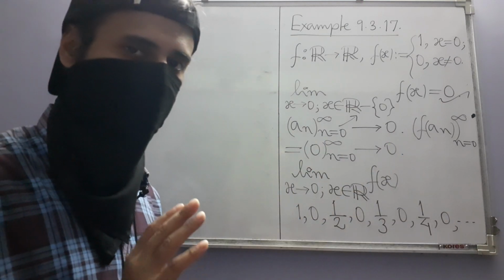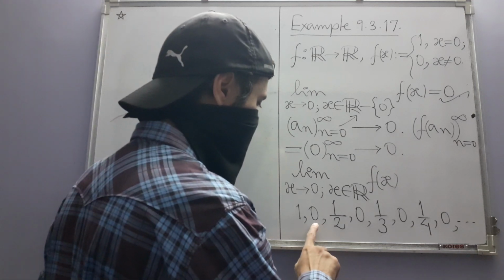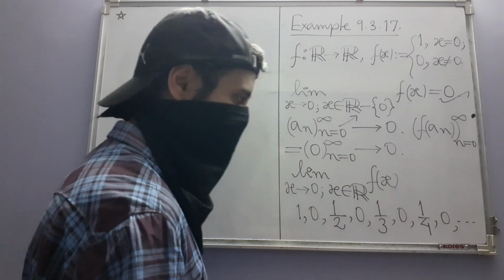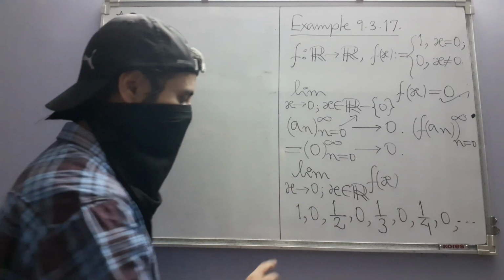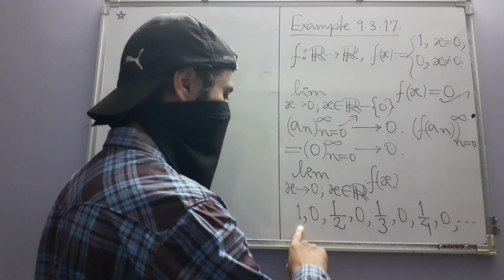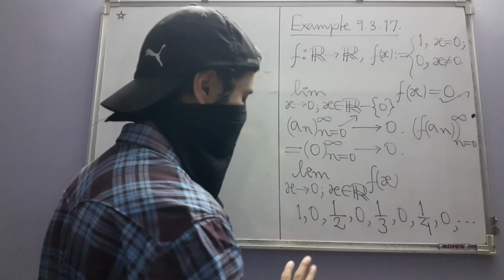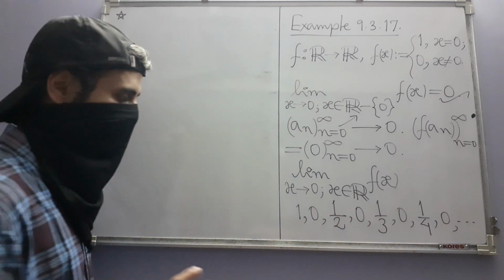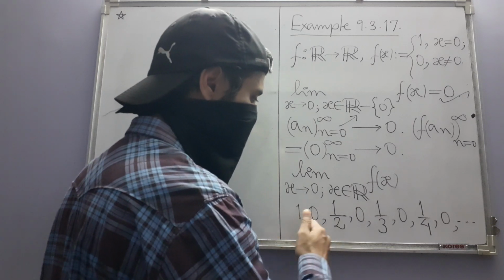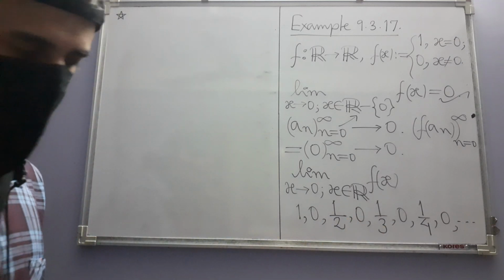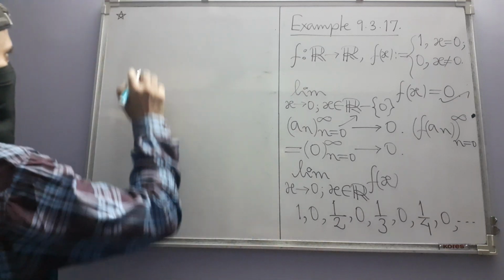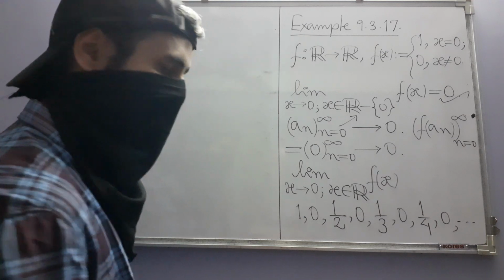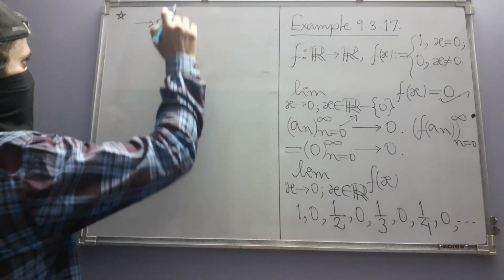They are reciprocals of positive natural numbers. But the odd indexed terms are all 0. Or if that sounds somewhat strange, you can just simply call this B1, B2, B3, etc. Then the odd indexed terms are the reciprocals of positive natural numbers, and the even indexed terms are just 0. It's not very difficult to prove that this sequence converges to 0. Fine. But now what are the f values?